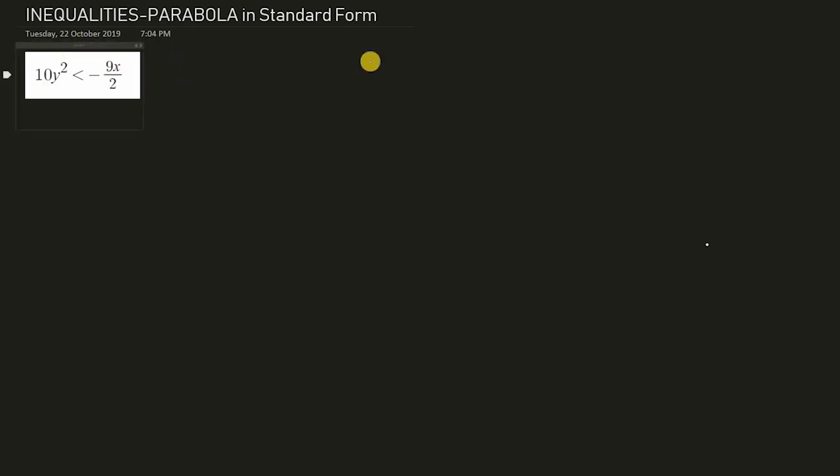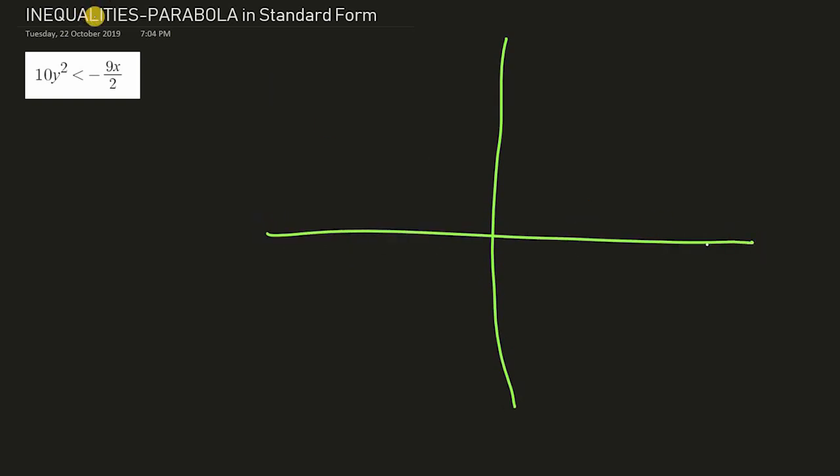Parabola. Let's try graphing a parabola. Okay? So, to graph a parabola, guys, the main thing that we should know is, when you are graphing a parabola, here's a technique.